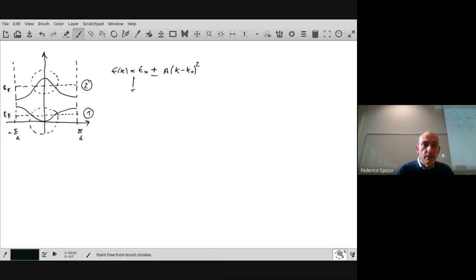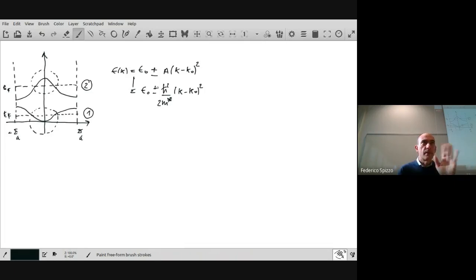Just to write this in a slightly different fashion, if we want to recall the free electron case, in place of A, where A is just the coefficient that enables us to fit the actual dependence with the parabola, I just rewrite that coefficient as h bar squared divided by twice m star, where m star is just a number that enables me to fit the actual dependence with the quadratic dependence.